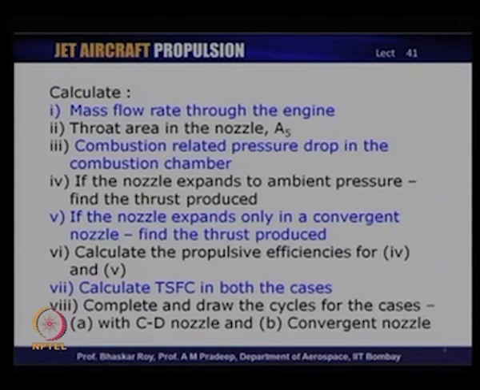That is, if full expansion is allowed to take place, which means it could probably have a CD nozzle. If on the other hand the nozzle expands only in a convergent nozzle, then also you find the thrust, and we would find that they are slightly different from each other, and calculate the propulsive efficiencies for these two cases, that is one in which you have a CD nozzle, another in which you have a convergent nozzle, and then of course calculate the thrust specific fuel consumption in both the cases, and then you see whether you can complete the cycles for these two cases.